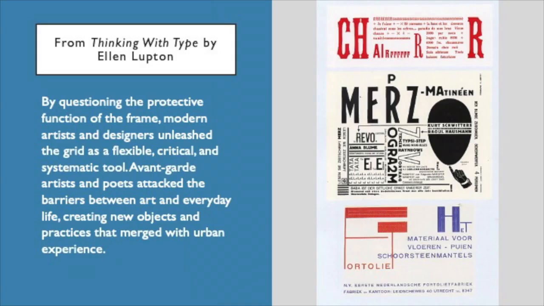This quote is from Thinking with Type by Ellen Lupton, and also remember that for most of the time that we were creating visual graphics, we were talking about making printed graphics. It wasn't on screen. So a lot of our screen ideas are based in the history and the language of printed material.